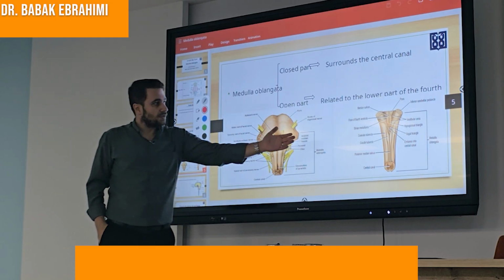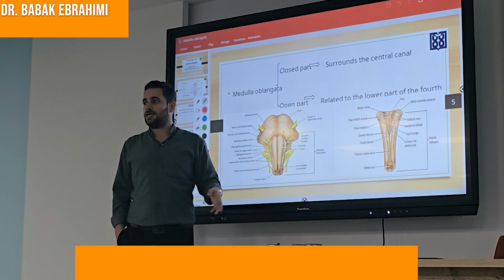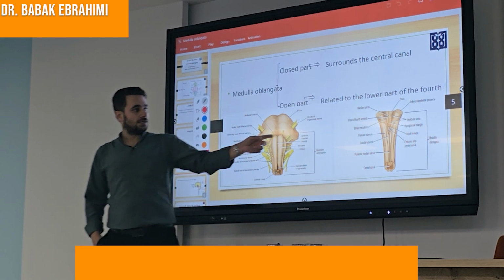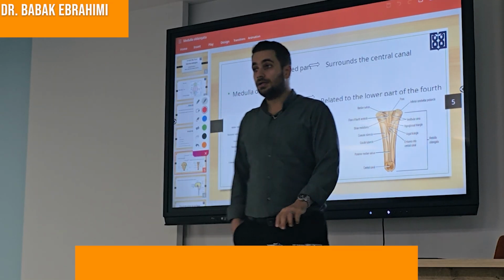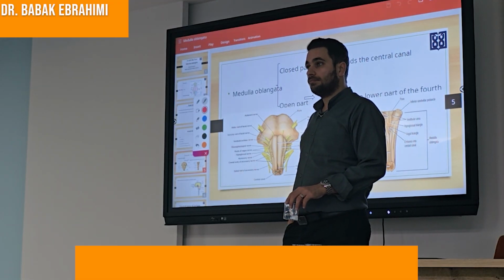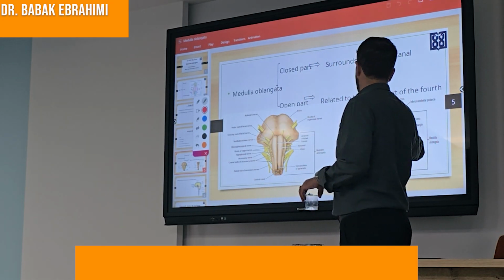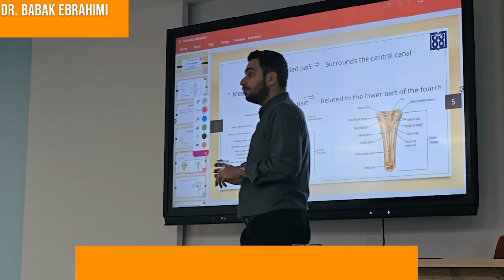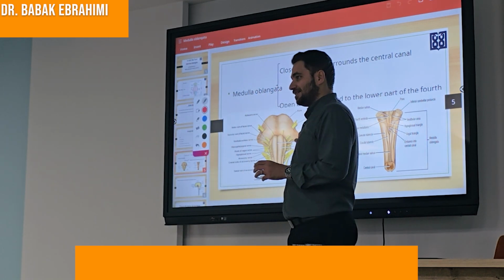Look at here. Which of them is the anterior view of the medulla oblongata, and which of them is posterior? This one is anterior. This one is posterior. How you understand this is anterior? We have pons here, and also we have pons here. Yes, you are seeing the word anterior and posterior.